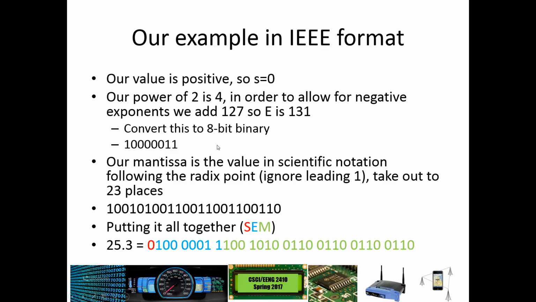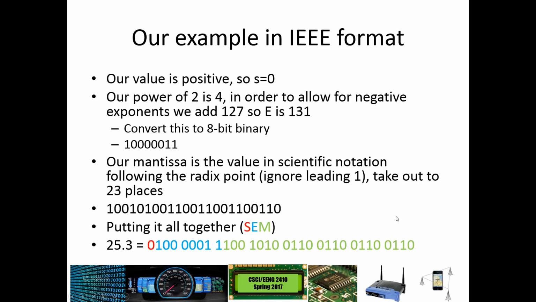Our mantissa is what appears in our scientific notation after the radix point. And so we notice we had this particular pattern, and it repeated after a while to 0011, 0011, and we actually carry that all out to 23 binary places. And so if we wanted to put this all together, we put our sign bit, followed by our 8 exponent bits, followed by our mantissa bits.